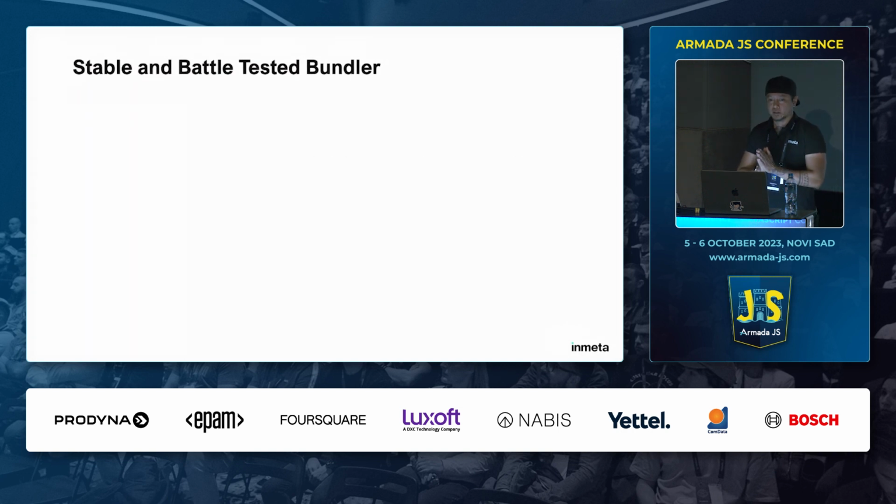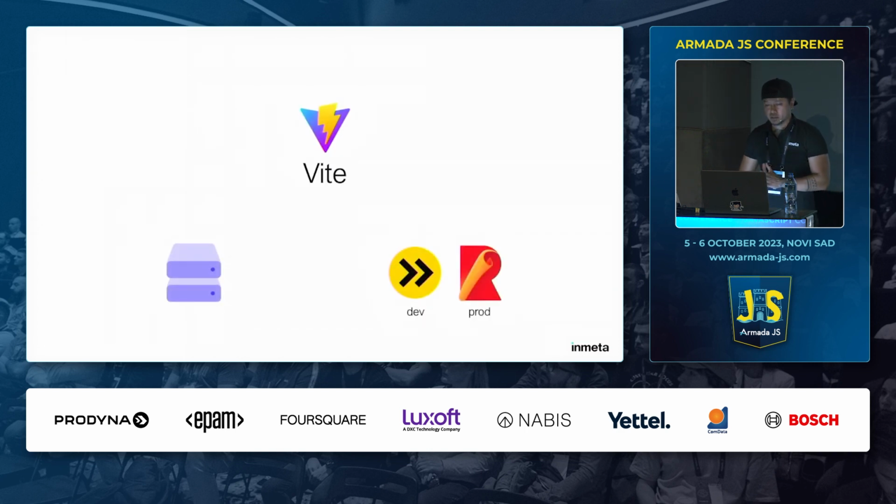Now, I introduced to you two Rust JavaScript bundlers, but let's go to a stable and battle-tested bundler. Since, for example, let's say you'll be creating a new project tomorrow, you would ask yourself, should I use Turbopack or Rspack? Let's see. So here we have Vite.